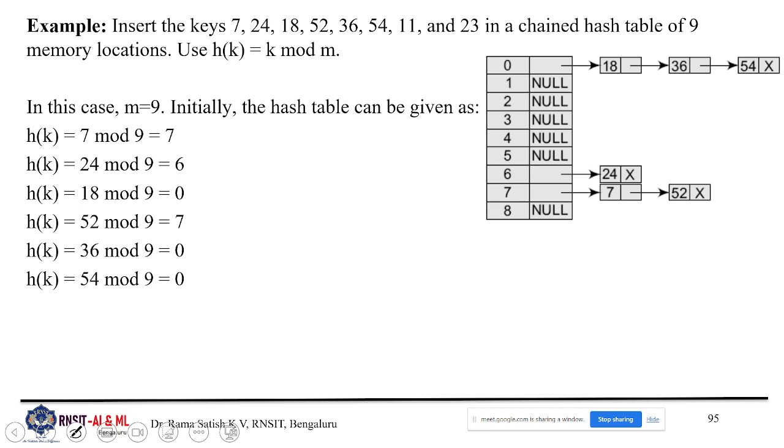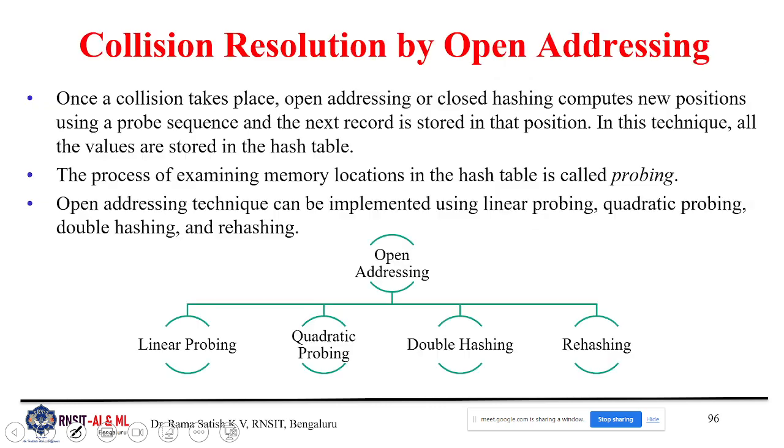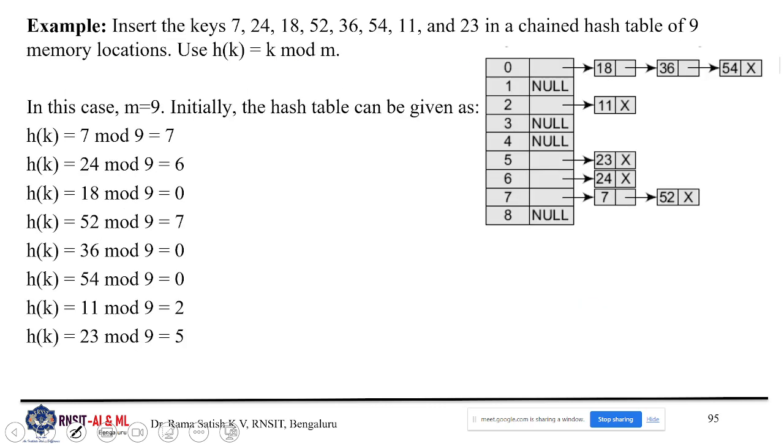If you have elements with the same index generated from the hash function, then the chain is created using a linked list. If there is no element with that particular index, it will be null, so unnecessarily you are storing null.